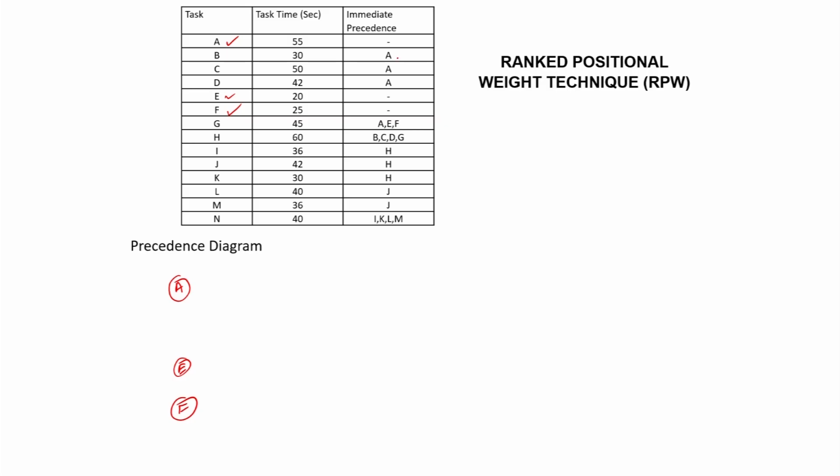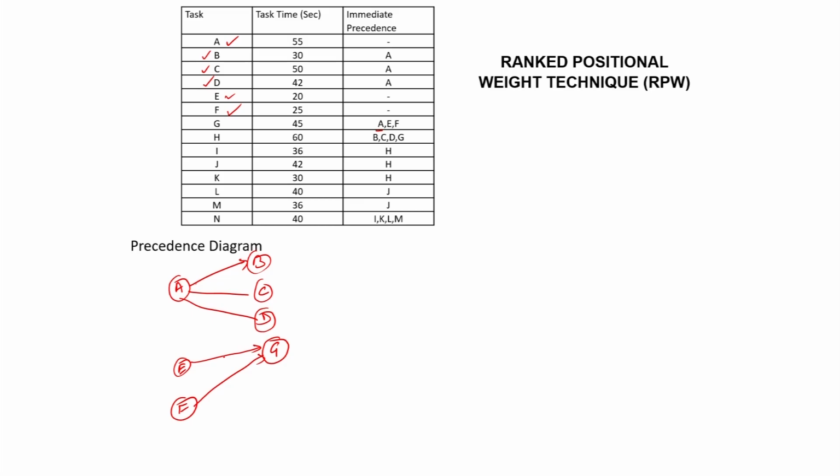Then I will write the tasks which are following A. So, B, C and D, these are the 3 tasks which are following A. So, I will write B, C, D. These are the 3 tasks which are carried out after A. There is another task also which is carried out after A, that is task G. But task G also is required to be carried out only once E and F have been done.